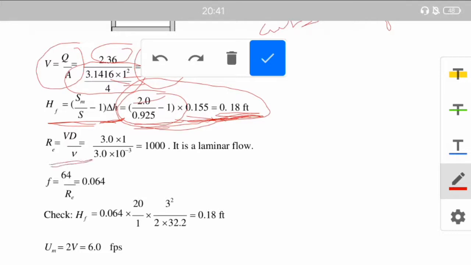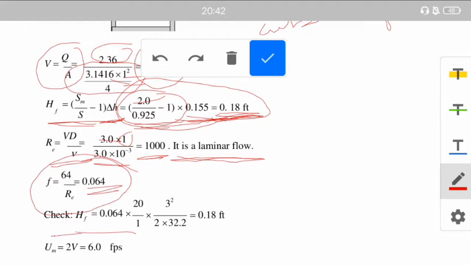Re is equal to VD upon nu. V is 3 feet per second, diameter is 1 foot, and nu is 3 times 10 to the power minus 3, and therefore it is equal to 1000. So we can say it is a laminar flow. Now f is also given by 64 upon Re, which is equal to 0.064.